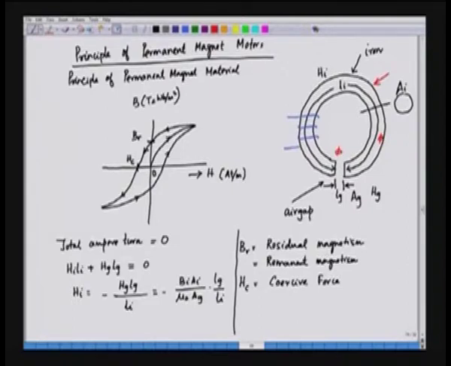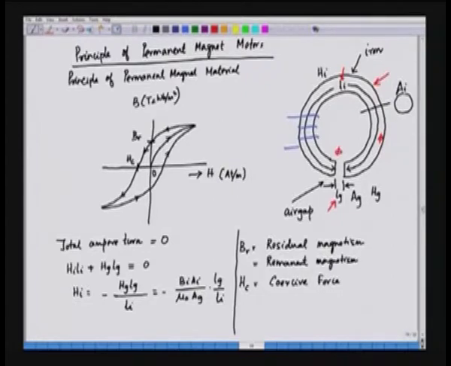The cross section of this ring is a circle, and here we have cut an air gap of length Lg, and the cross section of this ring is A, and we have this iron path, and the iron path length is Li, and the air gap length is Lg, and the common flux is passing throughout this magnetic material.